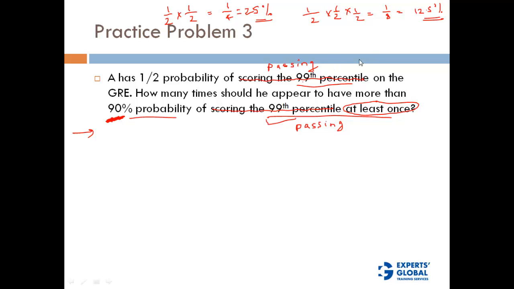So let's look at this. We'll employ the tactic that we just saw. We say probability of at least once passing is equal to 1 minus probability of failing all the time, correct?